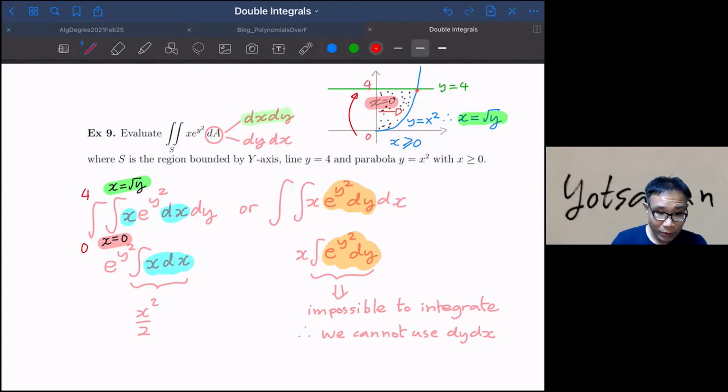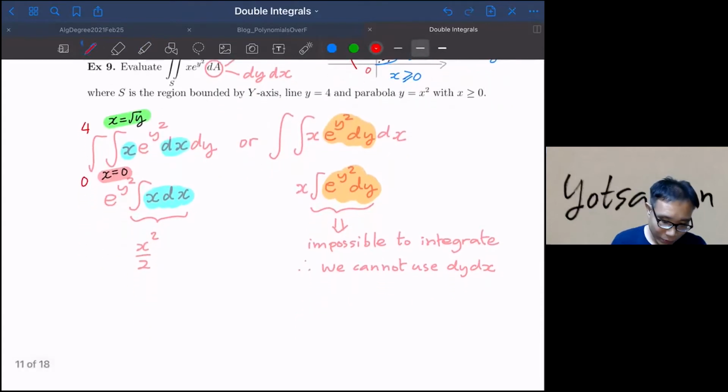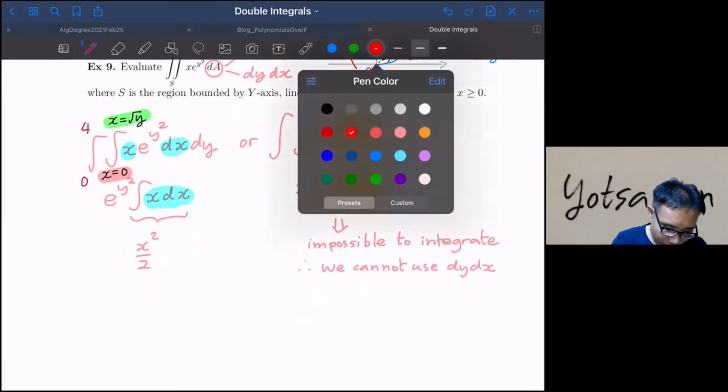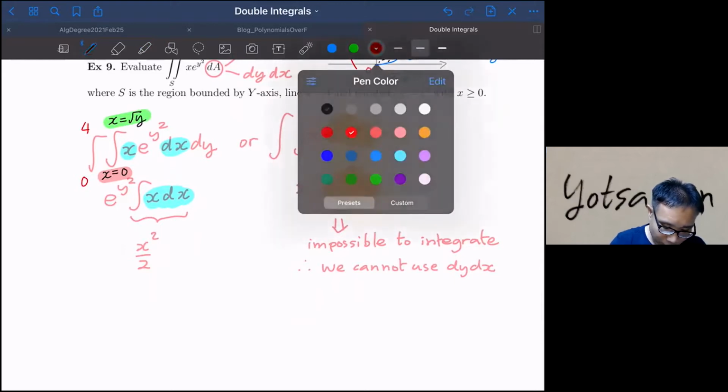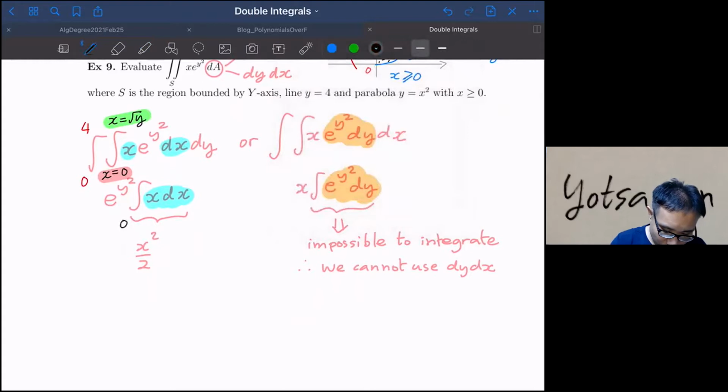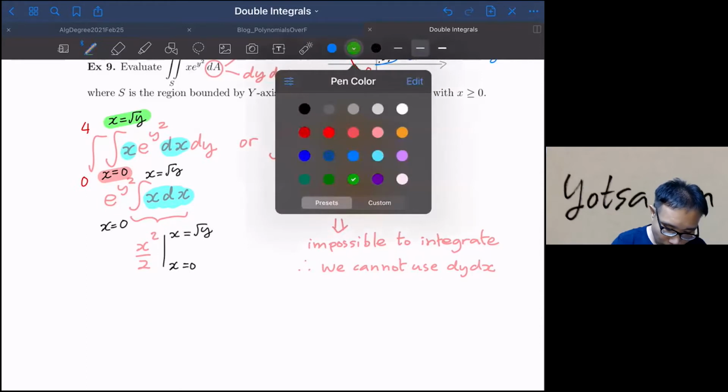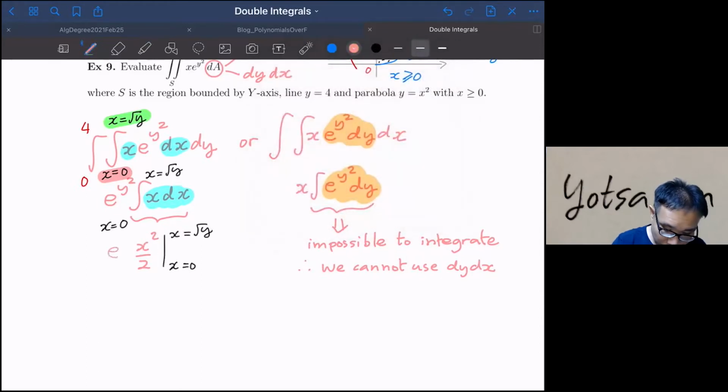So you're going to integrate the inside from x equal to 0 to x equal to root y, and you just copy down e to the y squared.